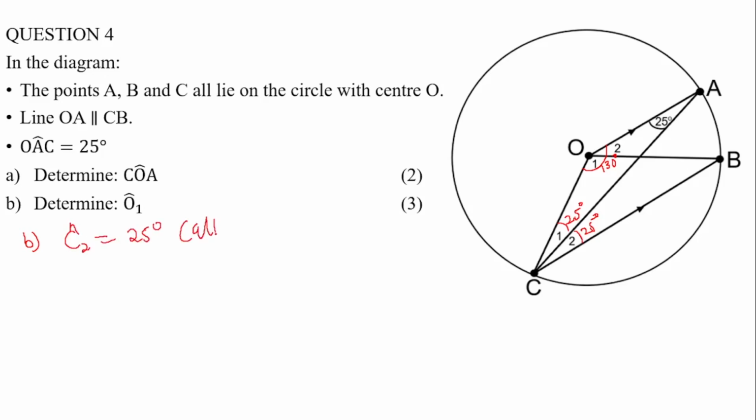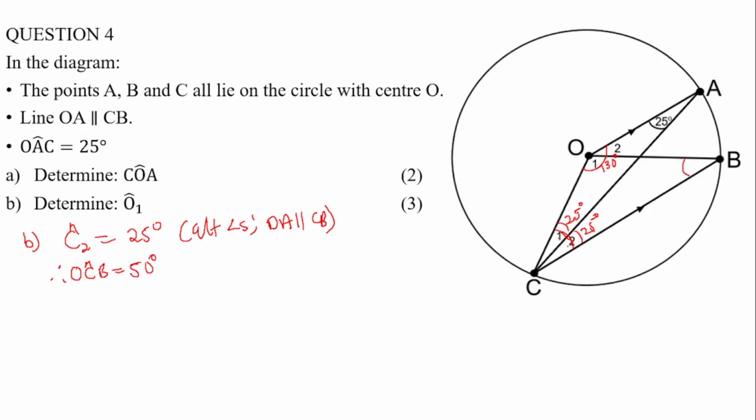These are alternate angles. OA is parallel to CB. So now this whole angle C1 plus angle C2 is 50 degrees. So we can say therefore angle OCB is equal to 50 degrees.